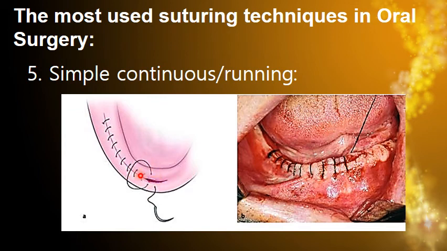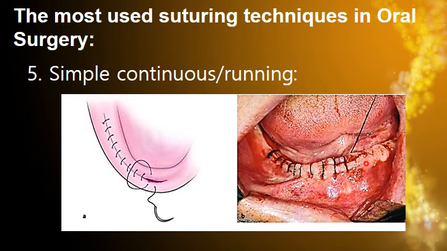What are the advantages of this suture, or what is the indication? It is indicated in a long edentulous area, like we see here. Instead of doing a single simple interrupted again and again, I do one simple interrupted and then continue suturing to the end. It will be more time efficient.